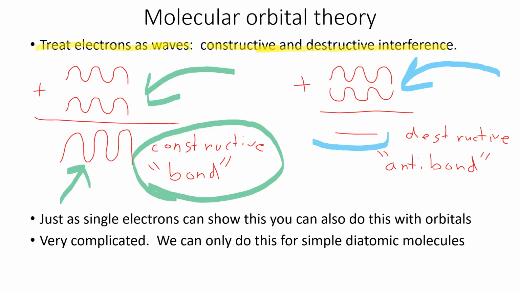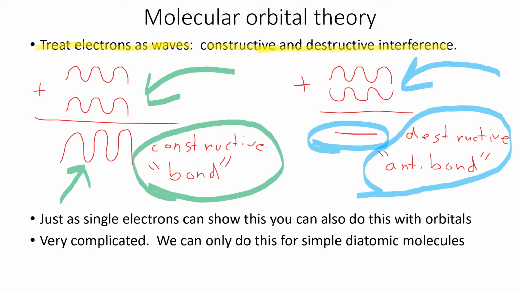You're going to destroy the wave. We would call this destructive interference. Dealing with these waves as electrons, this would be what we would call an anti-bond, literally the exact opposite of a bond. If a bond is bringing two things closer together, this anti-bond is really ripping those things apart.